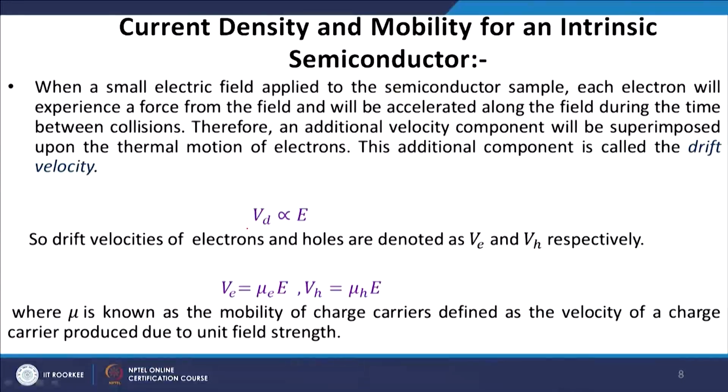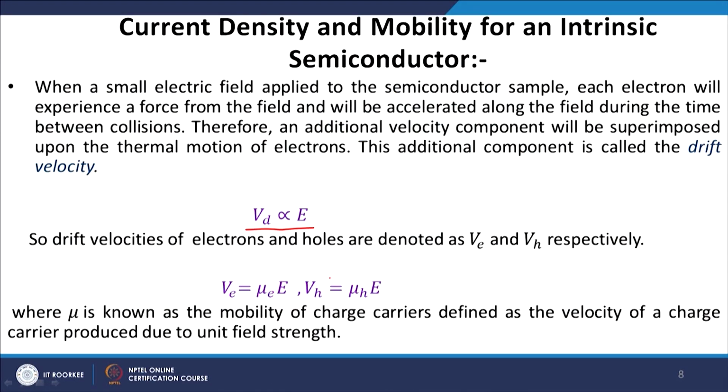So, another way we can write that is drift velocity is proportional to the electric field E. So, the drift velocity of the electrons and holes, if denoted as Ve and Vh respectively, can be written as Ve equals mu e times E and Vh equals mu h times E, where E is the electric field and mu is a quantity called the mobility of the charge carriers, which from this equation can be defined as the velocity of the charge carrier per unit electric field.